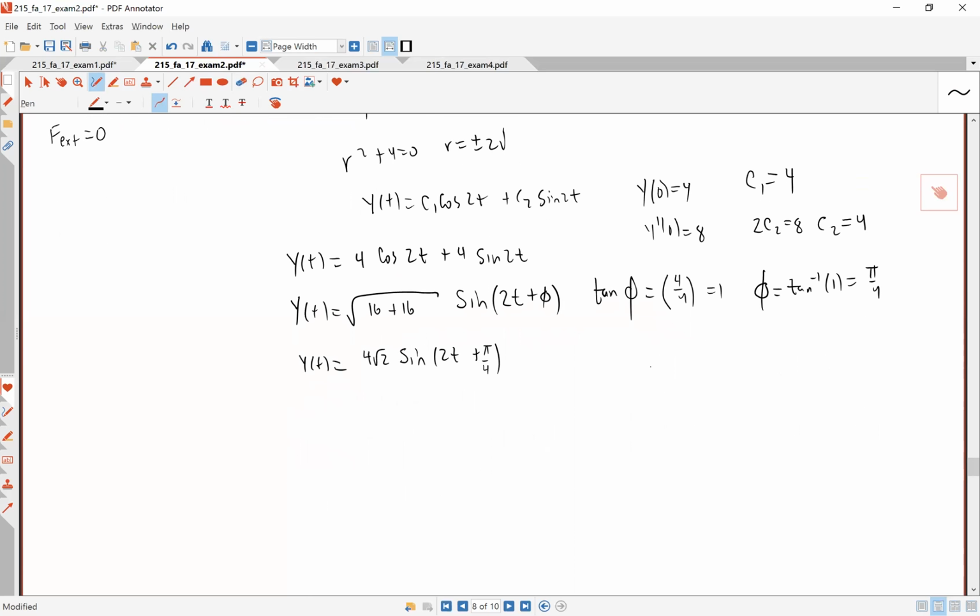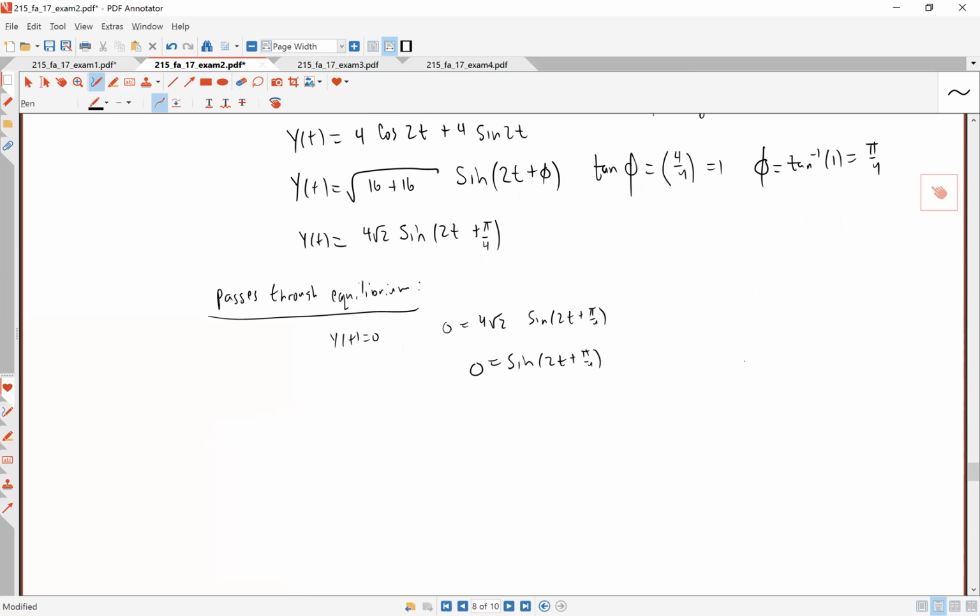We want to know when it passes through equilibrium, when y of t is 0. So 0 equals 4 square root 2, sine of 2t plus pi over 4. 4 root 2 doesn't make this 0, so it just says 0 must be sine of 2t plus pi over 4.